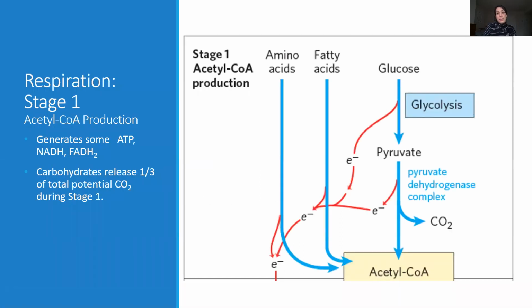So here is a look at that first stage of respiration, which is called acetyl-CoA production. Now remember, this can be fed into from various pathways. As I noted, amino acids can feed into respiration, fatty acids can feed into respiration, and what we'll be looking at in particular, pyruvate from glycolysis can feed into respiration.